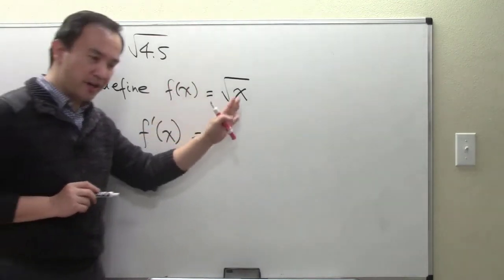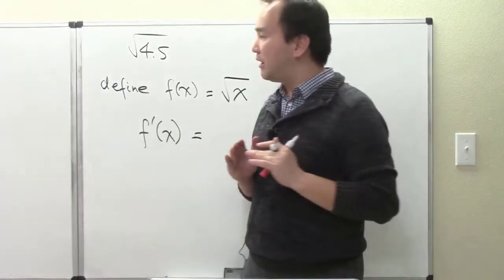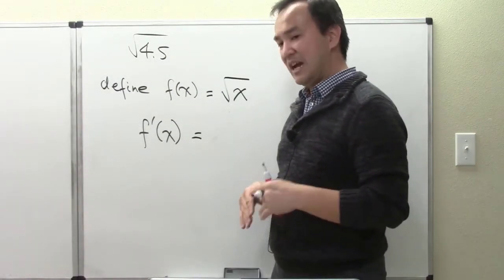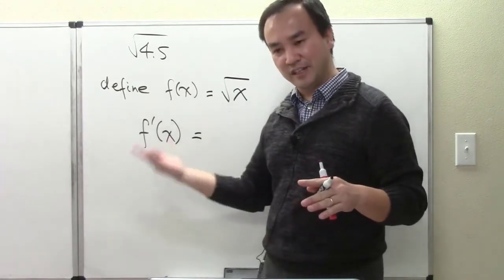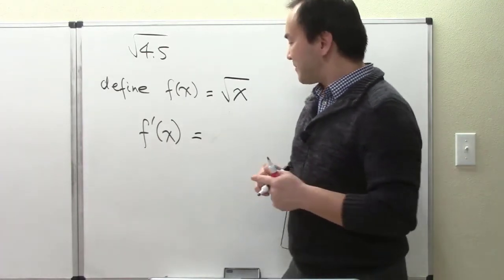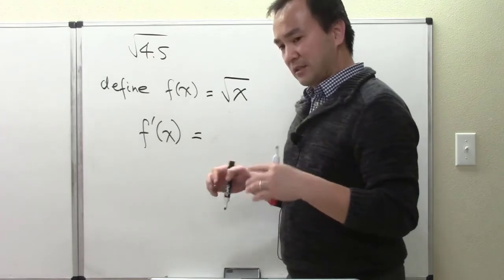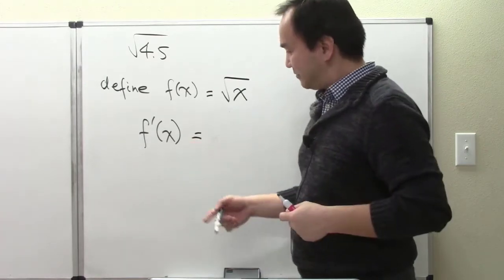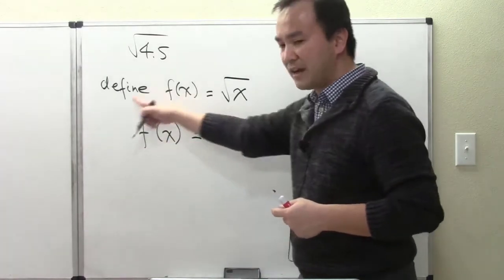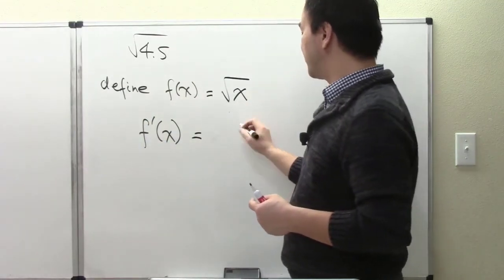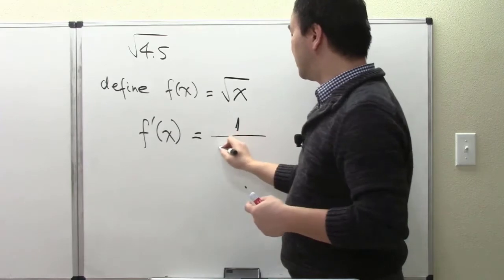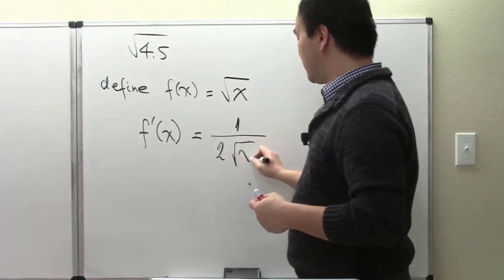At this point, anyone learning from this video lesson must already be fluent with all your skills in finding derivatives, at least all the basic power rules. So allow me not to go too far back into how to find the derivatives. This derivative here is simply 1 over 2 square root of x.